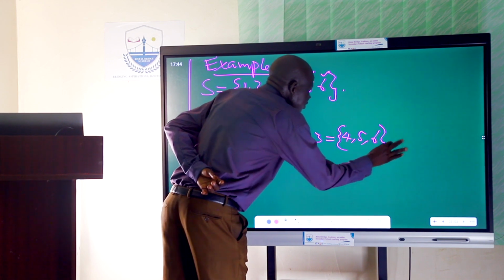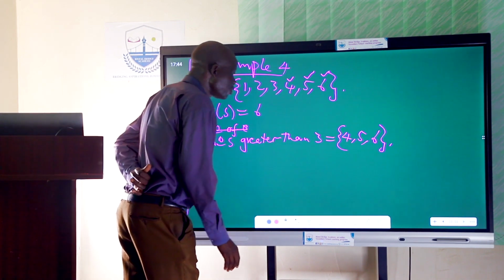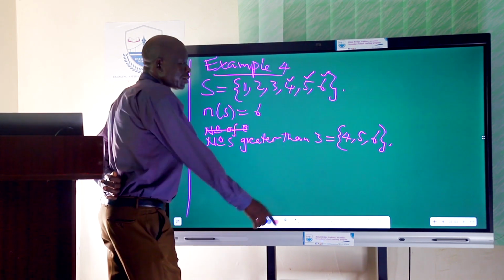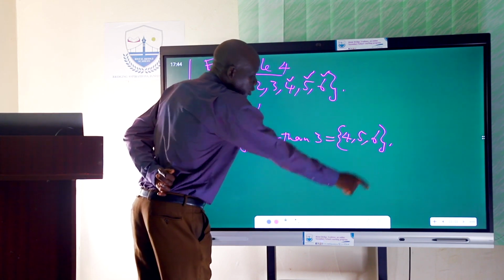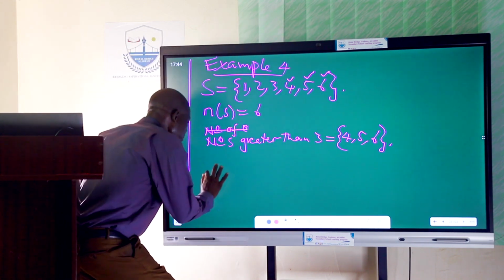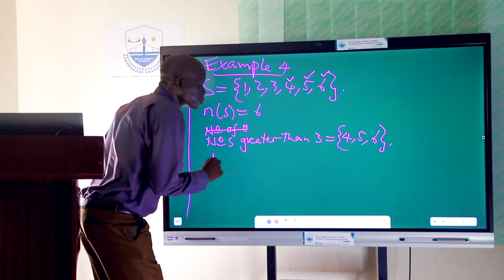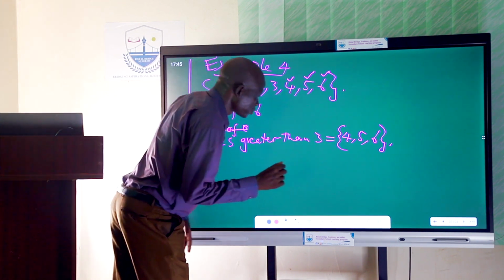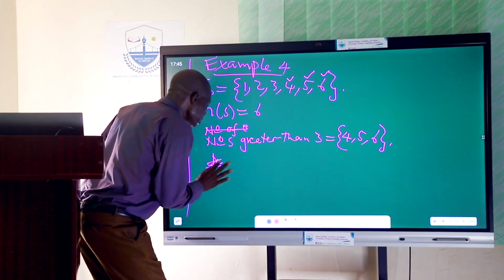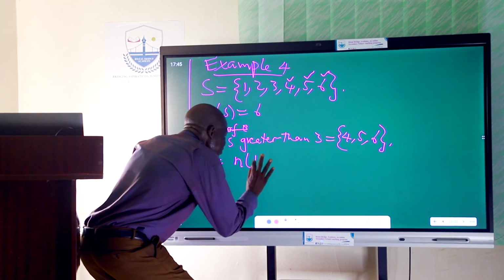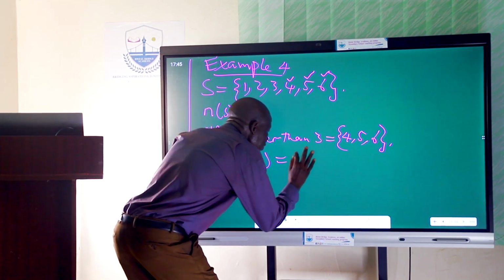Those are the figures. Meaning that the number of events is equal to what? 3. We count them 1, 2, 3. So the probability, it means that the number of events is equal to what?